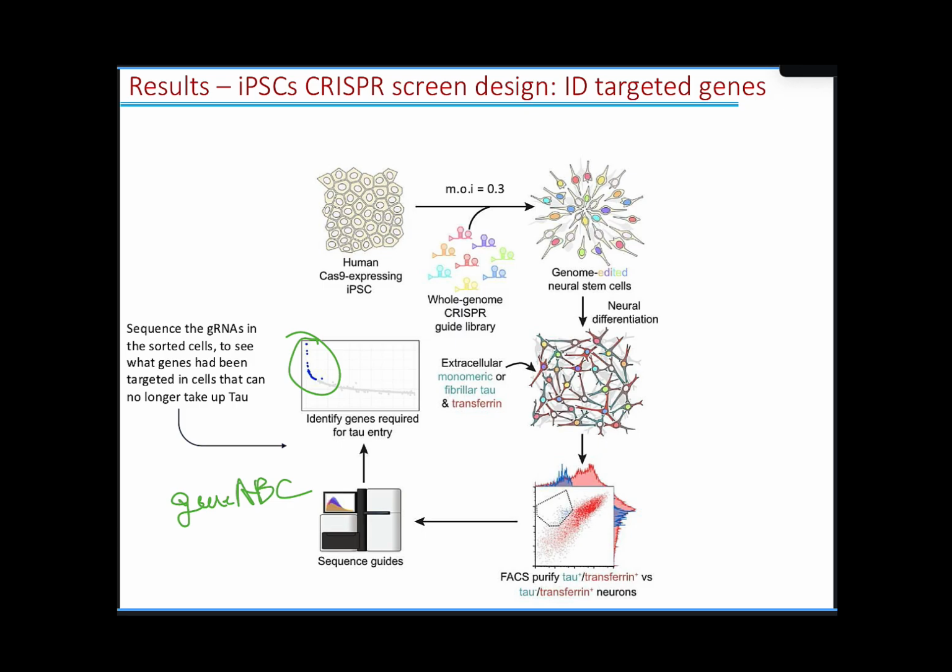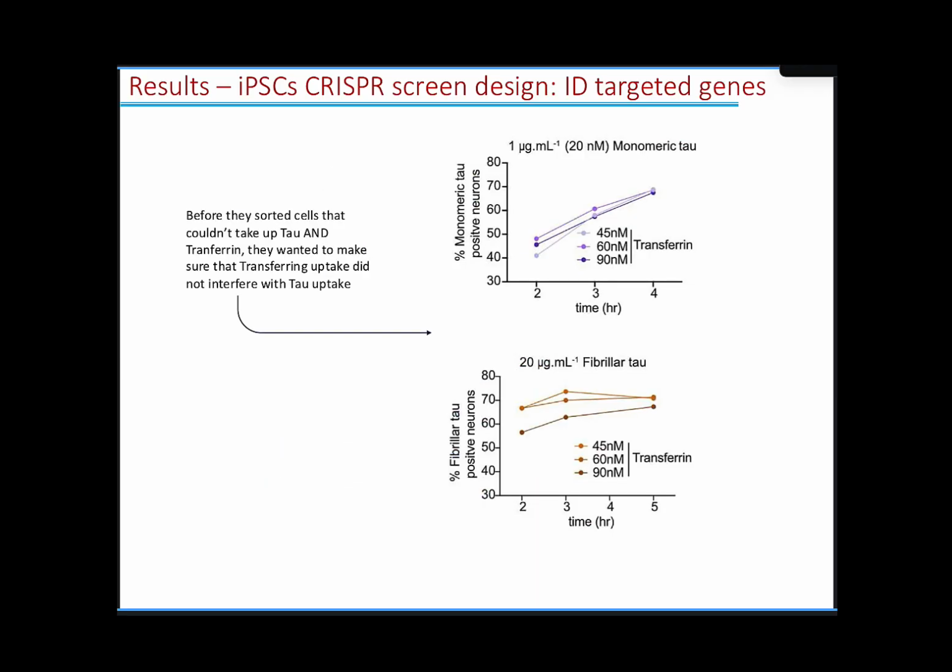If over and over you see the guide RNA for gene XYZ, now you know that gene XYZ was likely being inhibited in some of these cells, and it's a good candidate for being important for tau uptake. Okay? Is the approach clear? Okay, cool.